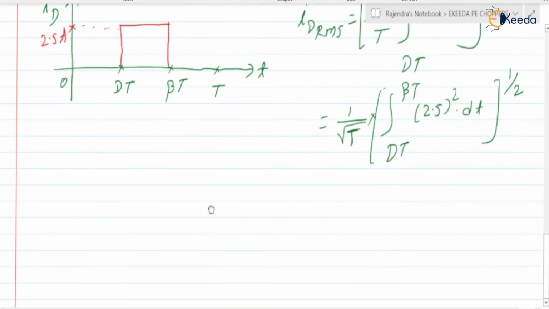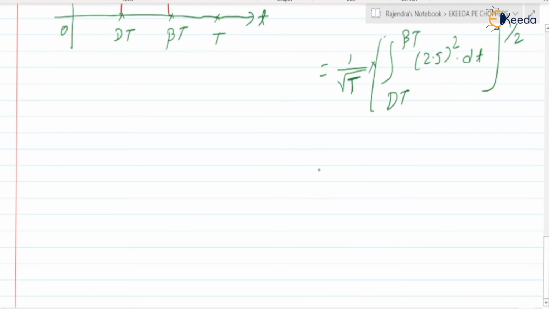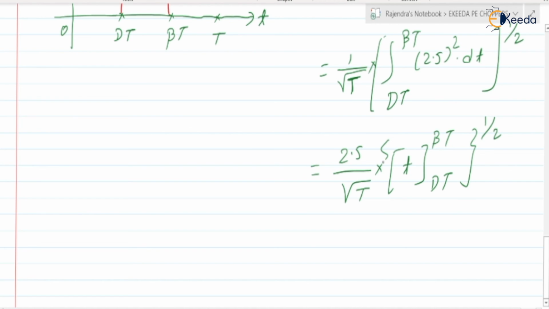Further we can write it as 2.5 divided by root t, into t, and after putting the limit, dt to beta t, to the power 1 by 2.